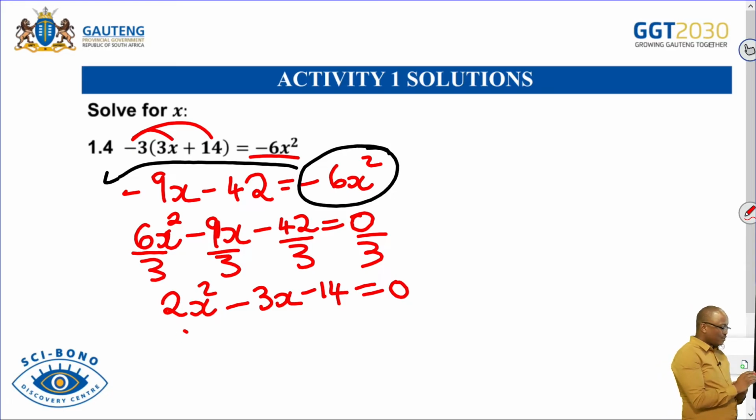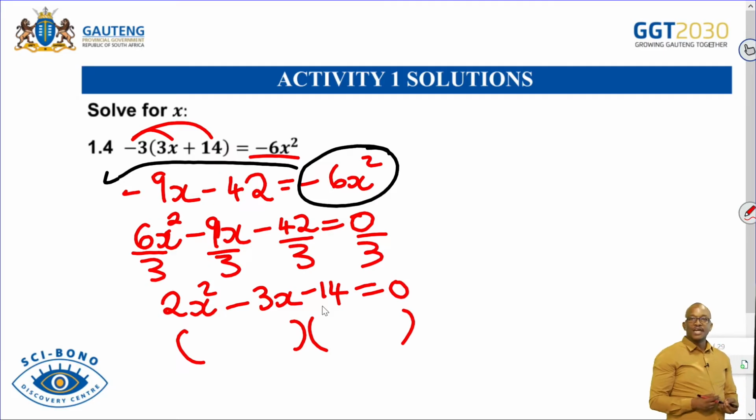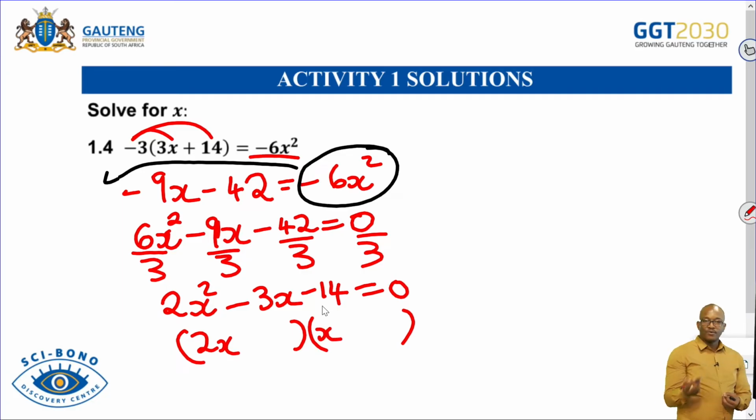Then what we do, we factorize. Remember, the factors of 2, guys, as you factorize, it's only 2 and 1. So 2 can go into one bracket, and the other one will only have x. Then from there we go to our third term, which is 14. Now we check the numbers that we multiply, they give you 14, and when you add or subtract them, they must give you 3.